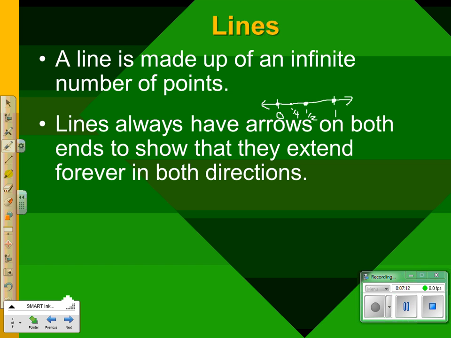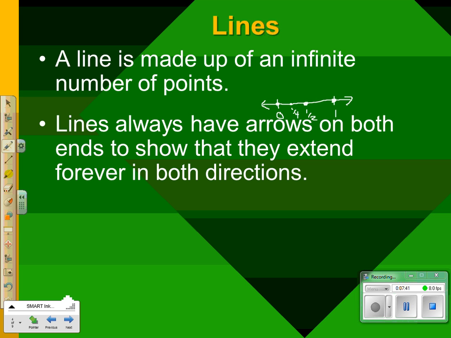The point that you all already know, like I told you earlier, is that lines always have arrows on both ends to show that they extend forever in both directions. So arrows on both ends show they extend forever in both directions.